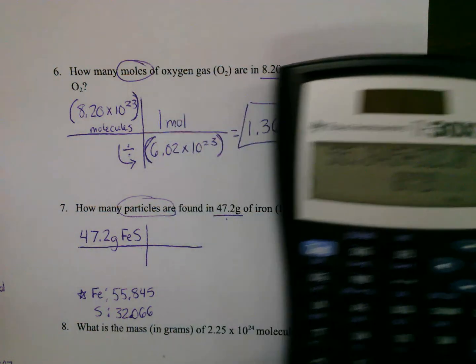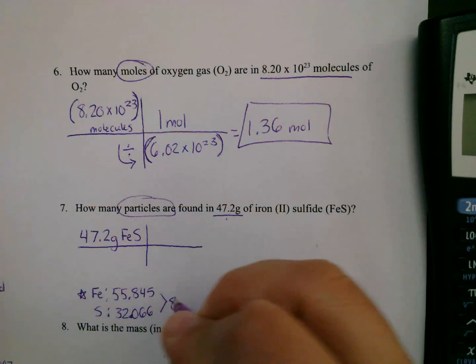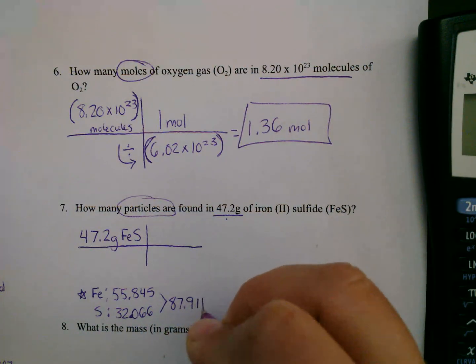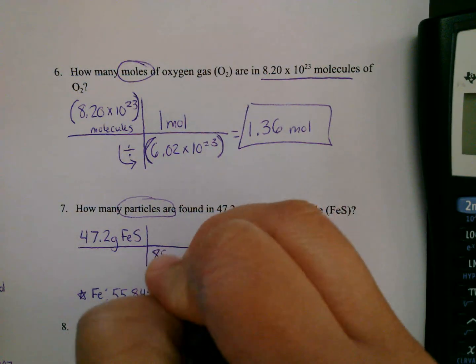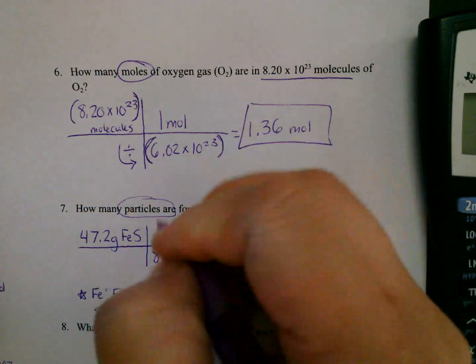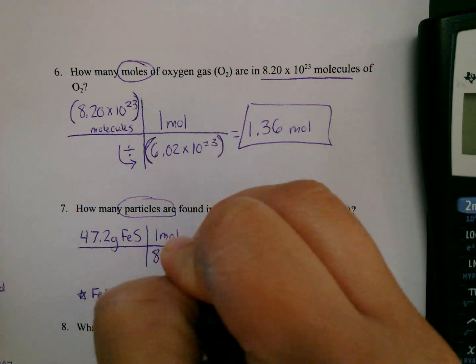That's about 87.911. And to put it in my box, I'm just going to round that to about 88 grams. Above that, I'm going to put my 1 mole. That's my standard number.